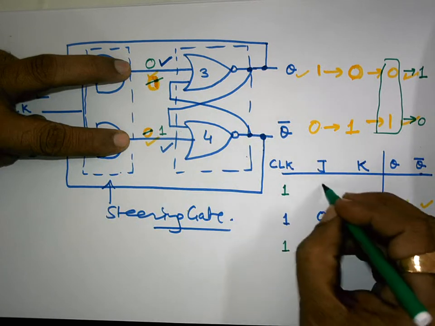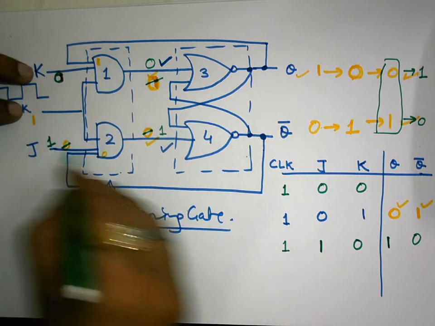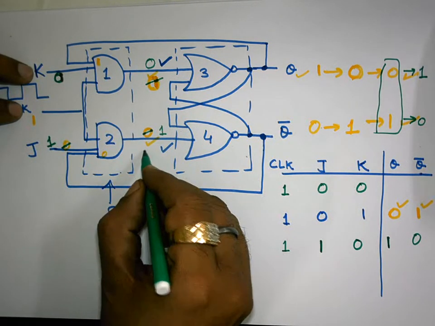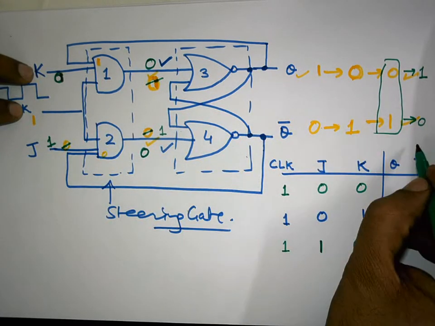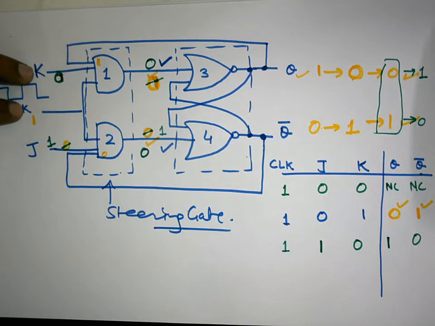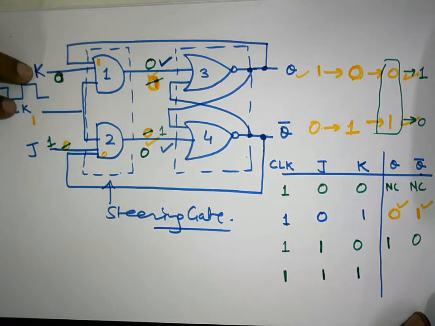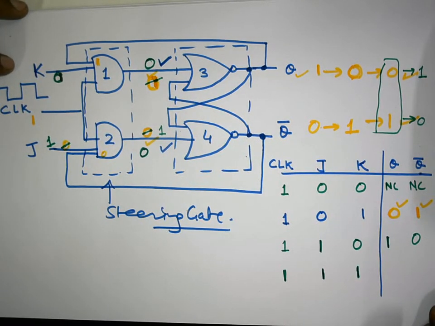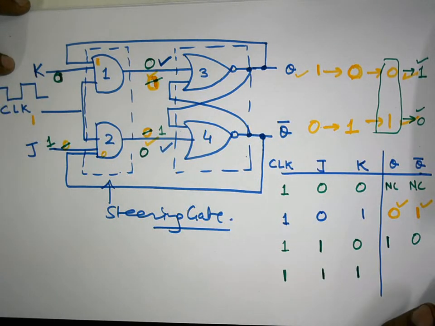Agreed? Now you see, when clock was 1 and J was 0 and K was 0, then there is nothing to discuss, because J is 0, K is 0, it is going to make these inputs 0, and these inputs 0 means there is no change at the output. Okay. Now look at this situation. If J is 1, K is 1, we can proceed with any of these states, either 1 0 or 0 1.